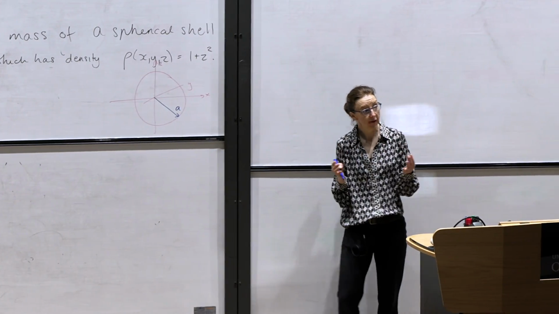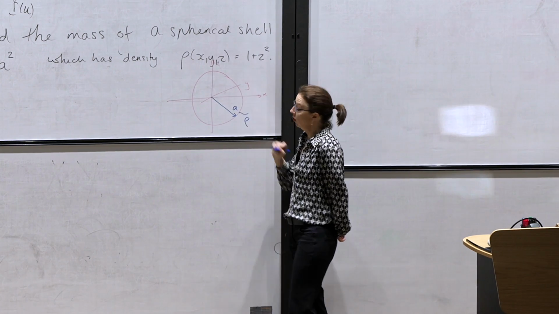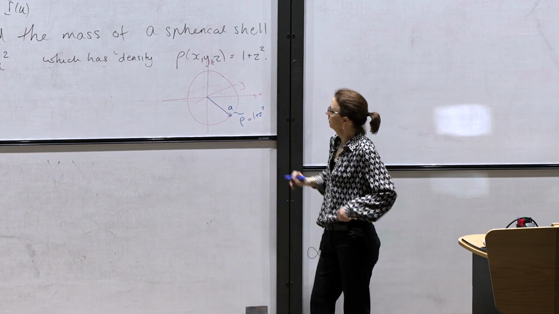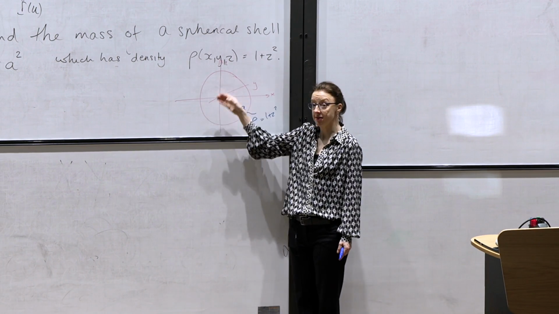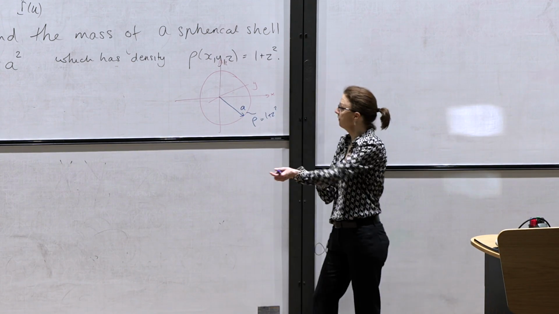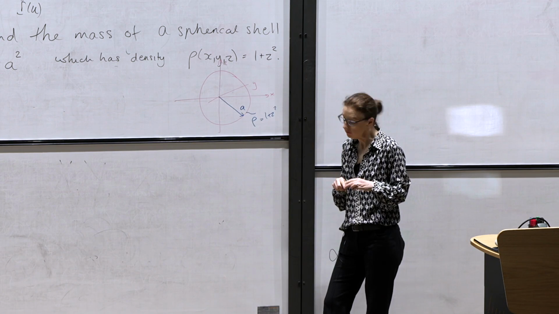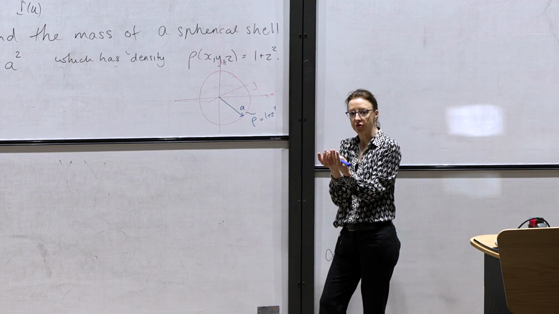And we're going to say the density on that surface is given by rho, and the density is 1 plus z squared. So the density up here, it's symmetric in the z-axis, so the density up here equals the density at points down here, and it varies with z. So as z increases, it gets more dense. And the question you're being asked is, what is the mass of that spherical shell?